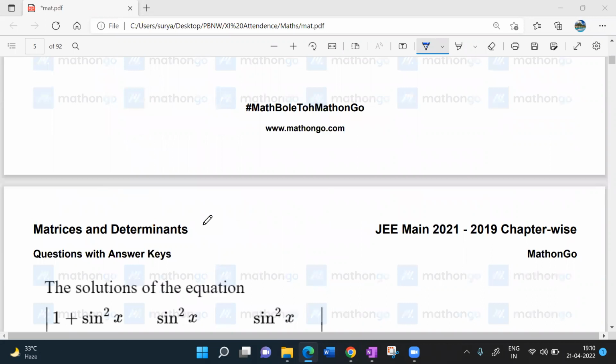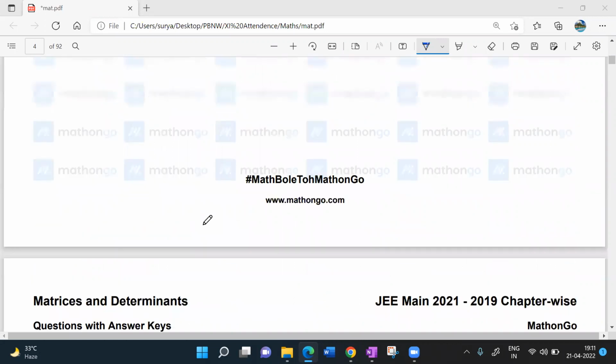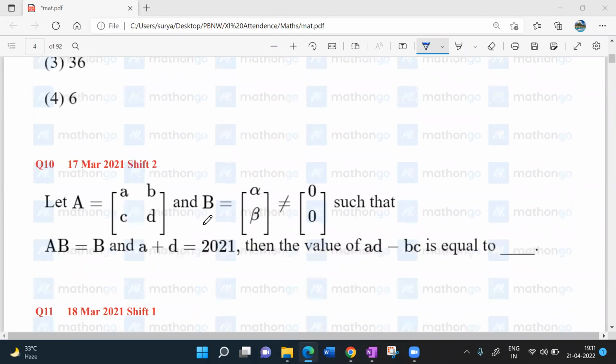Solve this question. Where is that? Yes, this one. Everyone solve this quick.